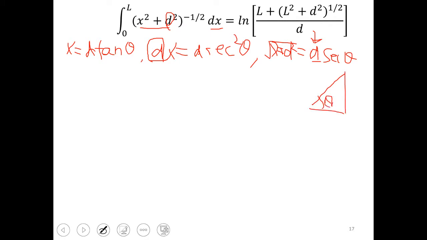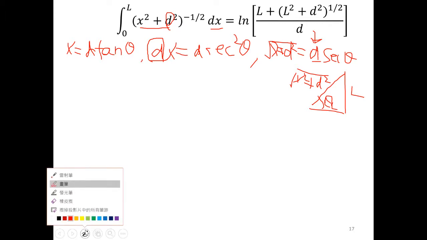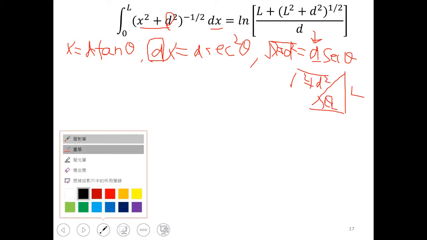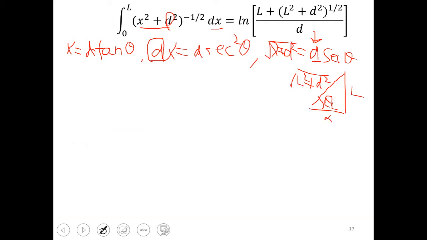This will be theta L, and this is L, this is D. Tangent theta will be L over D. So this one will be the square root of L squared plus D squared.